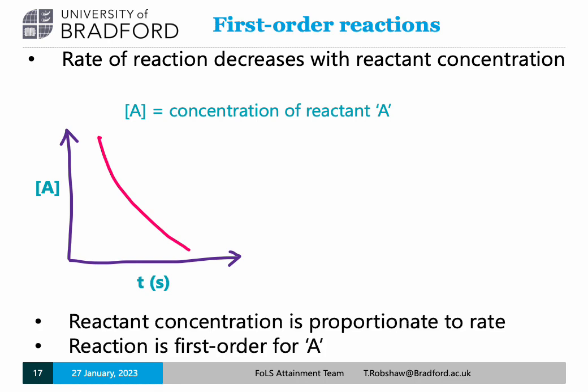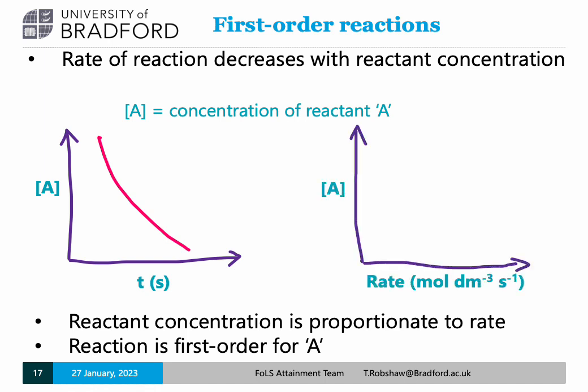It is directly proportionate to it. So concentration is proportionate to rate. This means that if we draw the graph of concentration versus rate this time, we get a linear straight line. And in these circumstances, we say that the reaction is first order for reactant A.